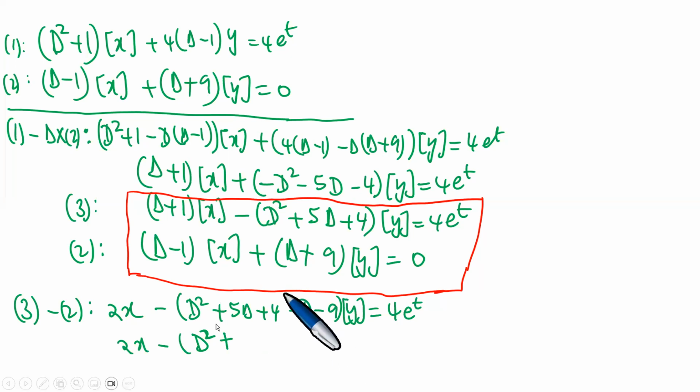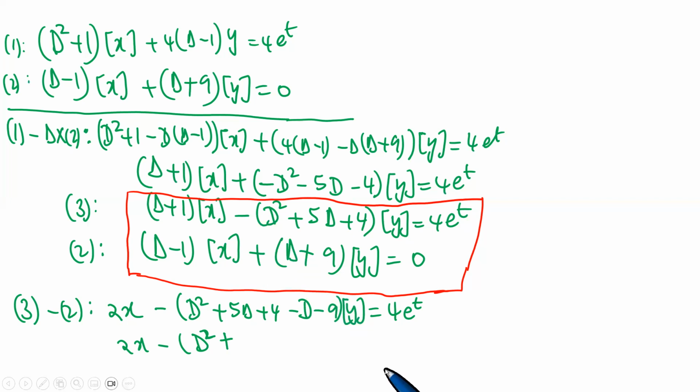Let me see. If you subtract these two. Okay, this is minus, so you're saying 3 minus 2.